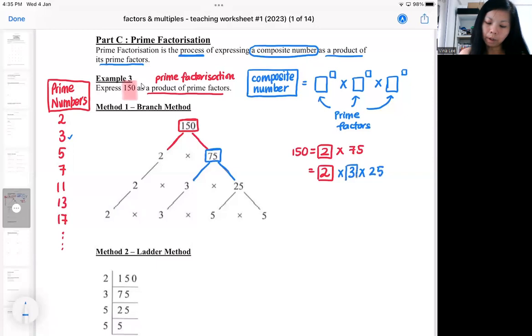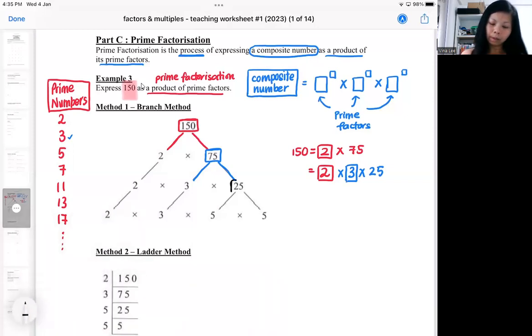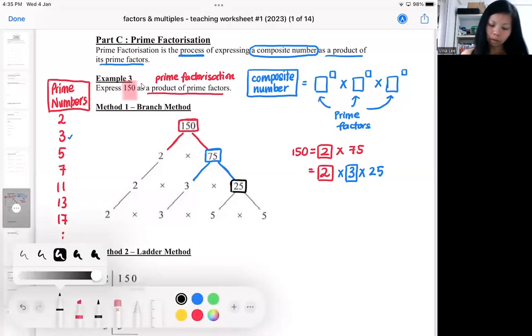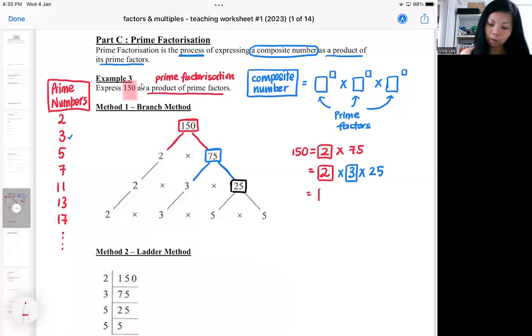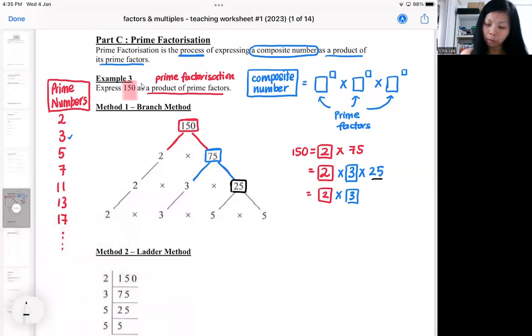And the 3 is already a prime number, so don't touch it. Then for the 25, you should divide by 5. The 2 prime numbers that you already got, you don't touch. So you change the 25. 25 is 5 times 5.